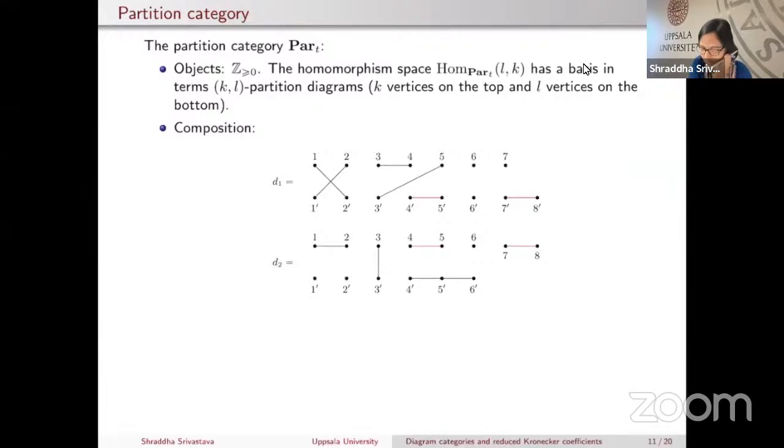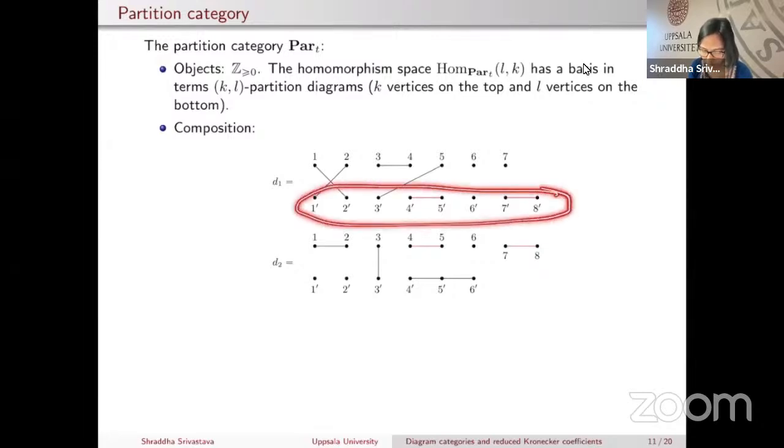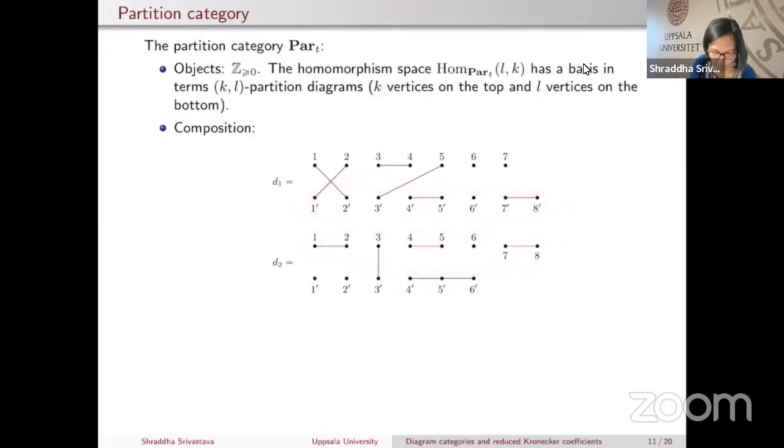So I have to tell how we compose two partition diagrams. If we cannot compose, then we define the product to be 0. This situation will happen if the number of vertices here is different from the number of vertices here, so we don't compose two such morphisms. And if we can compose, then the multiplication is the same as in the case of partition diagrams.